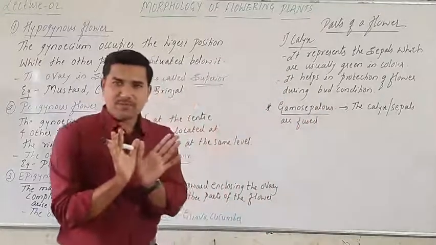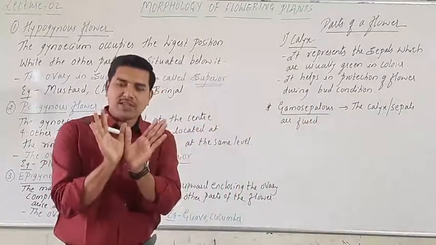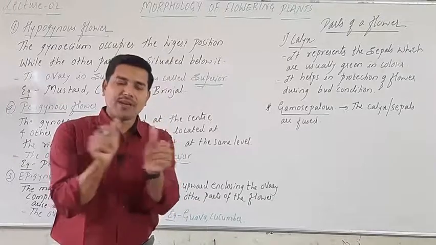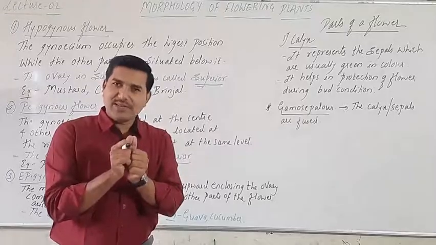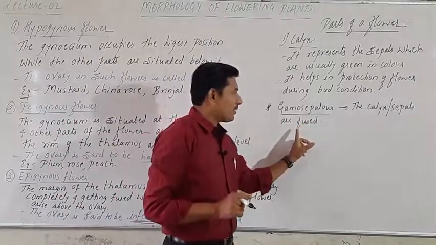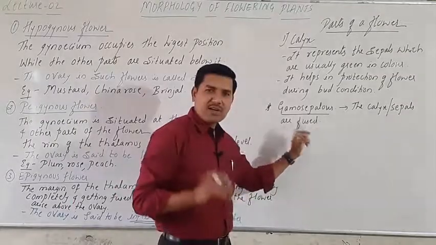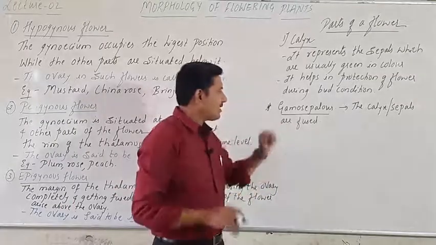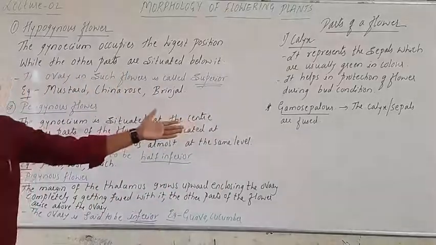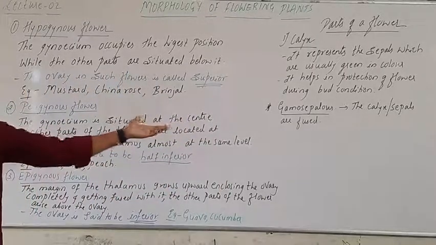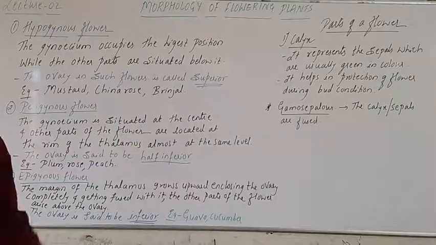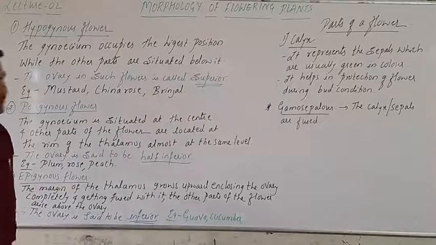They are joined to one another. Joined means not free; for this we use the prefix gamo, meaning fusing. So if the calyx or sepals are fused, the term that we are going to use is gamosepalous. And if they are free, we call it by the other technical term, polysepalous.